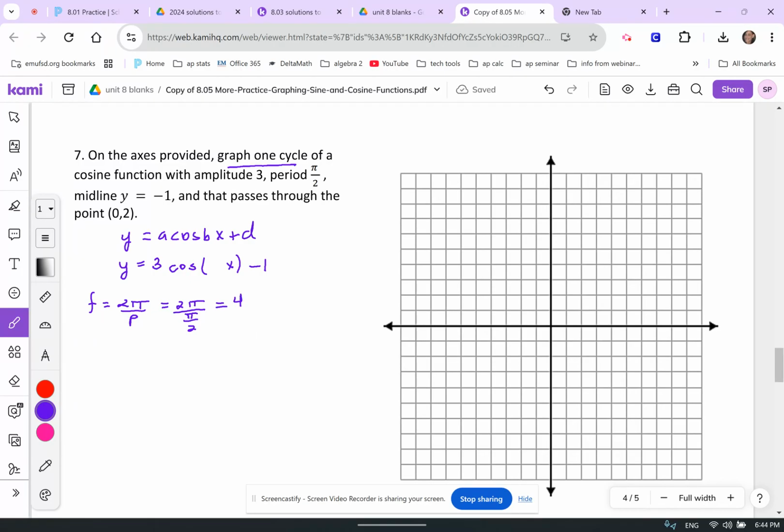Okay, so what do I need to graph? I need the maximum value of the function, which is the amplitude plus D. So it's 3 plus -1, which is 2. I need my minimum value, which is the negative of the amplitude plus the vertical shift, so that's -4.